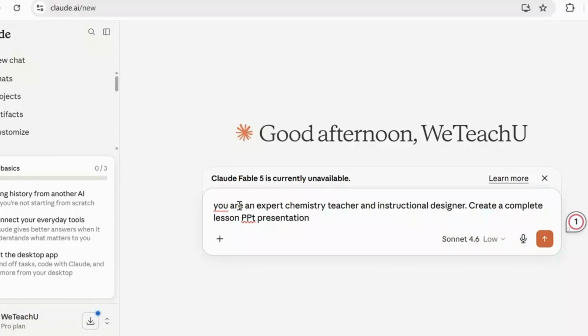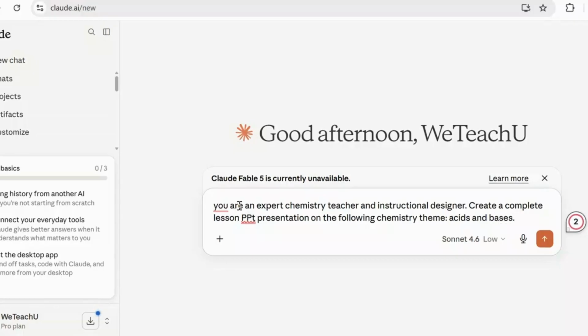An editable PowerPoint presentation on the following chemistry theme. So I specified the subject, that's chemistry, and I also chose the chemistry theme. What's the theme? Acids and bases. That's my theme.